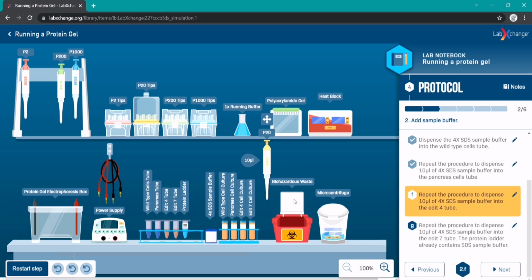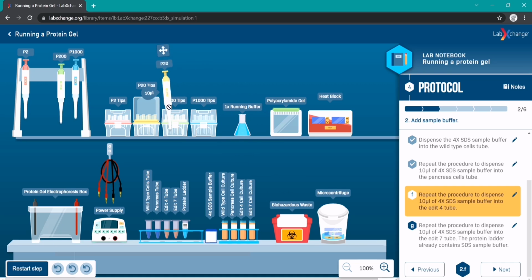Repeat the procedure to dispense 10 of 4x SDS sample buffer into the edit 4 tube.